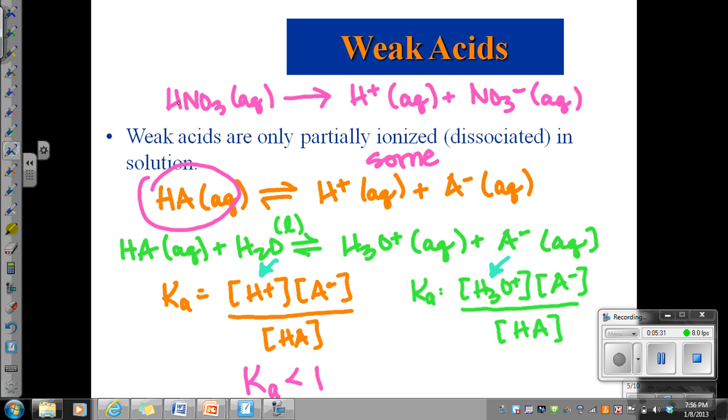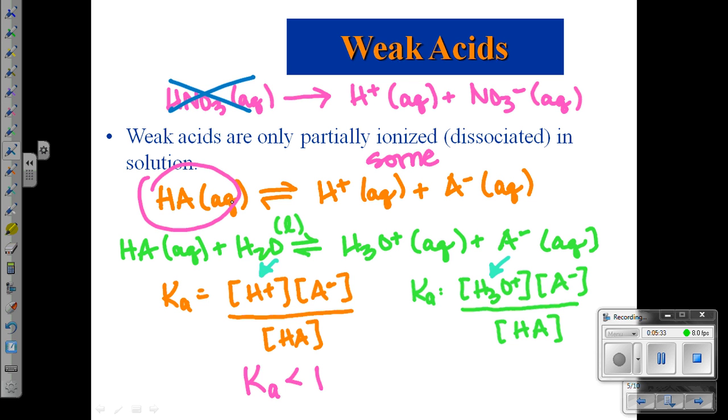We have no nitric acid left because it completely ionizes. So that means we have all products and no reactants. So our Ka is going to be much larger than 1. And with strong acids, it's so much larger than 1 that we don't even worry about measuring it.